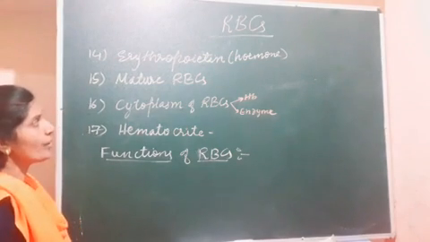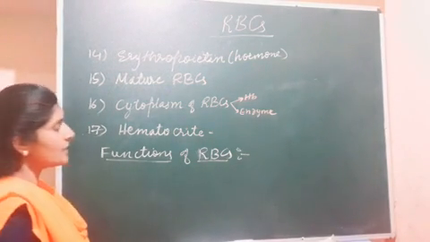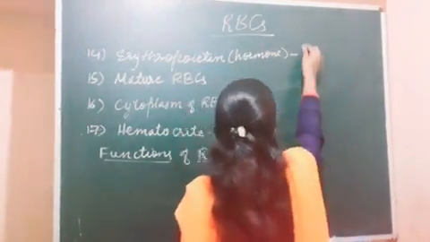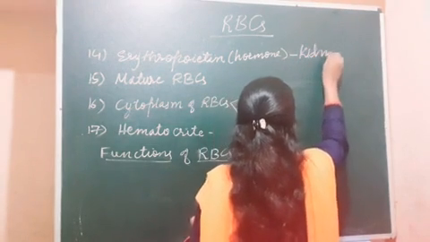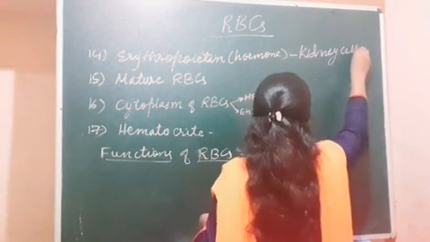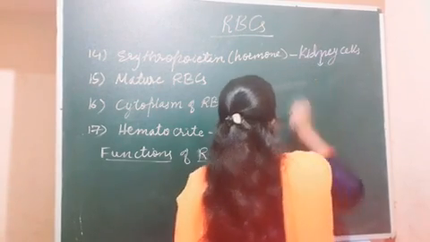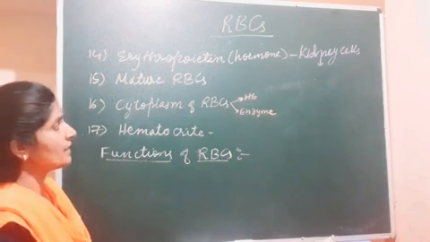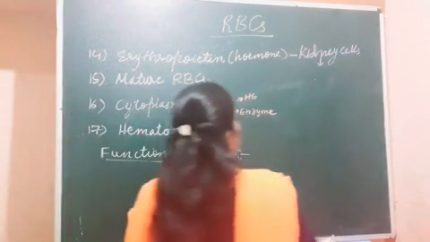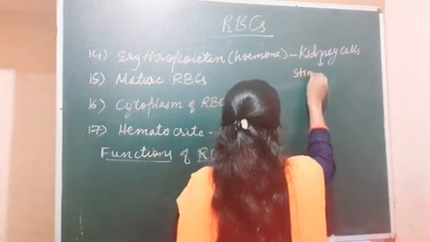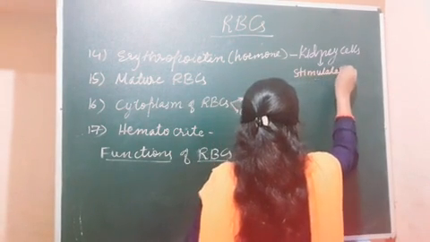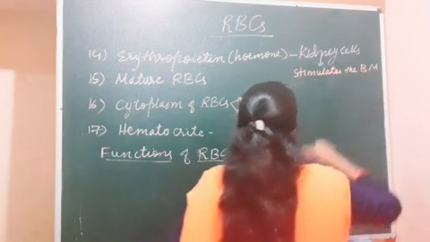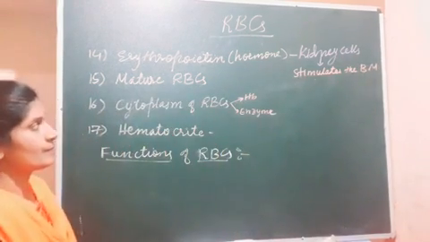Erythropoietin is a hormone that is released from the kidney cells. What does it do? It stimulates the bone marrow to produce RBCs.